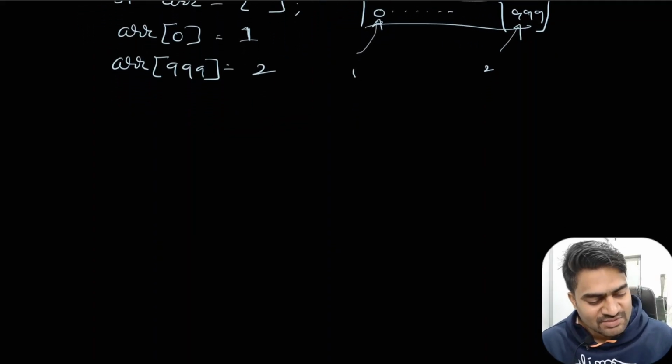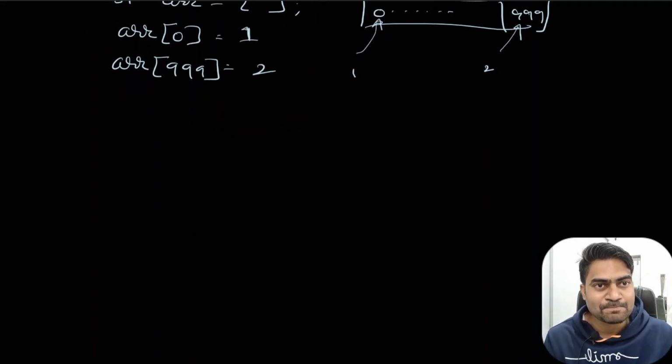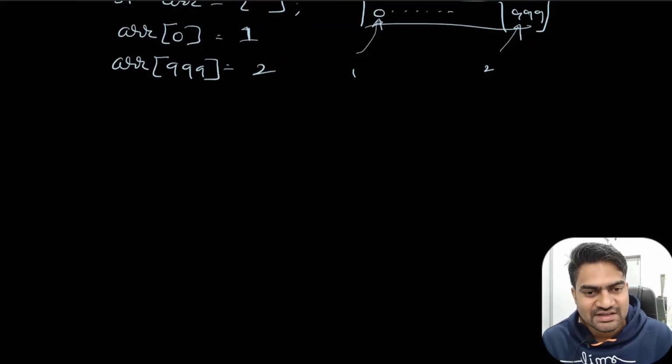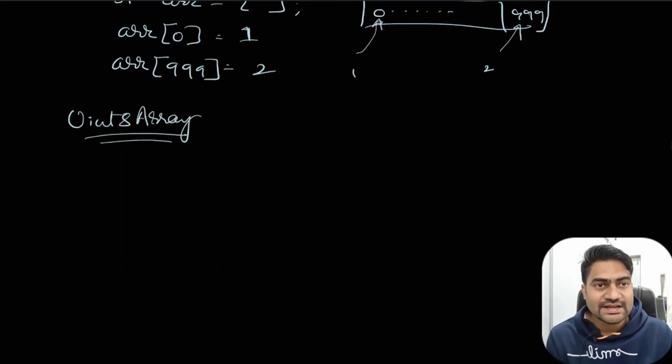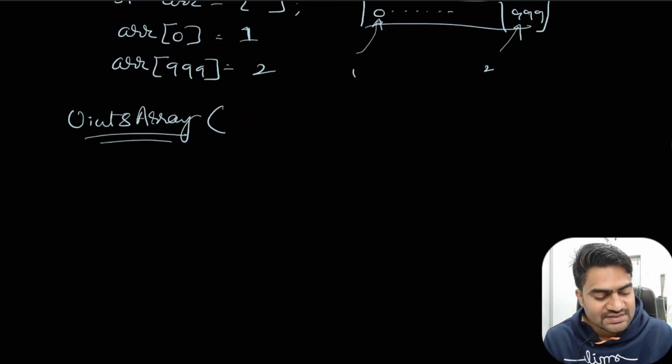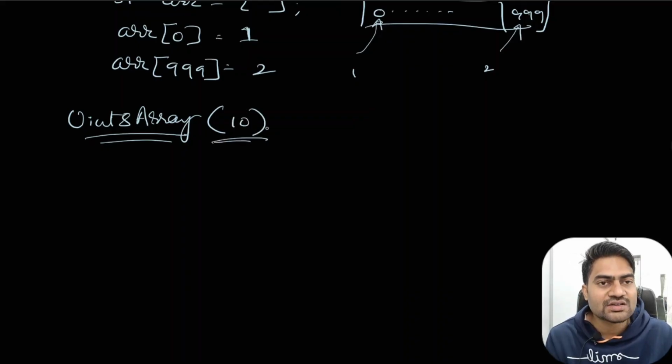Next, we can also create strongly typed arrays, something like Uint8Array. This will create an unsigned integer array with some size, say for example of size 10 or of size 20, like the other languages.